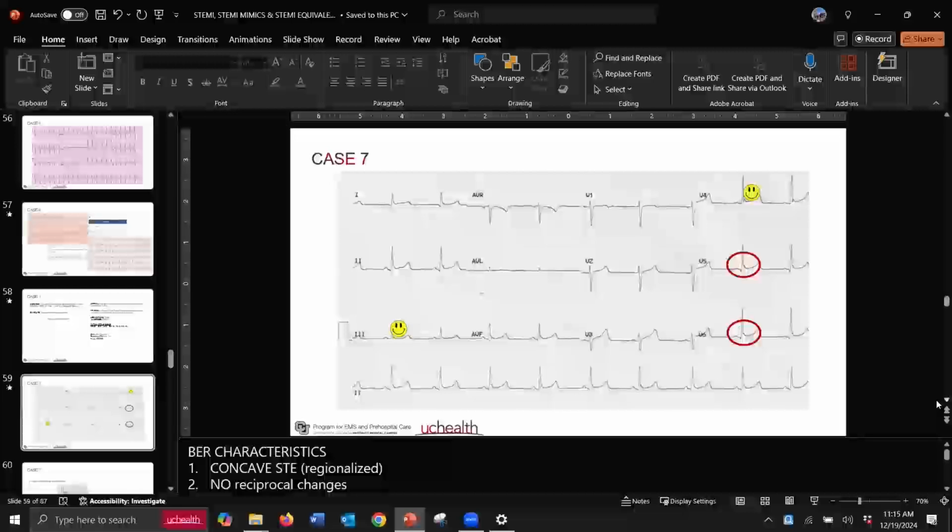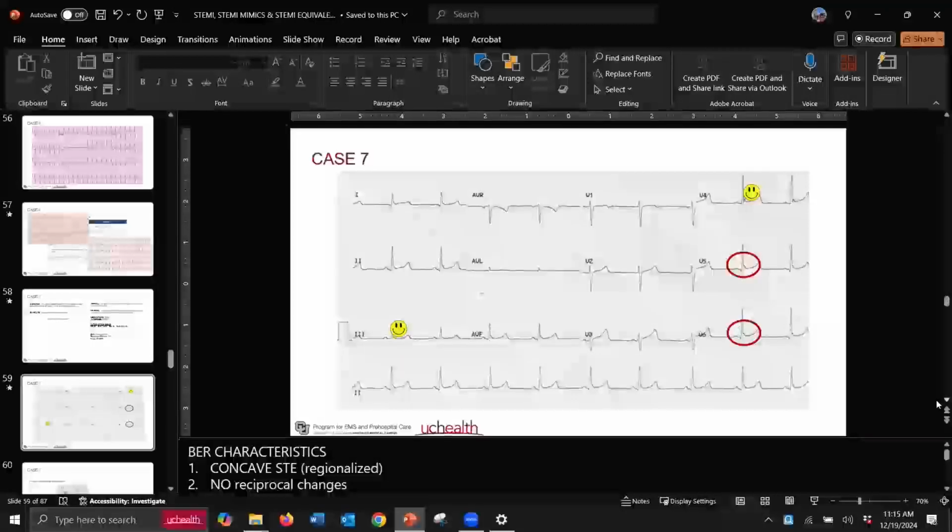And there you go. What is it? Is it a STEMI, STEMI mimic, or STEMI equivalent? Mimic, I think so. Guys, type in the chat or unmute. Let's talk. I get a mimic.